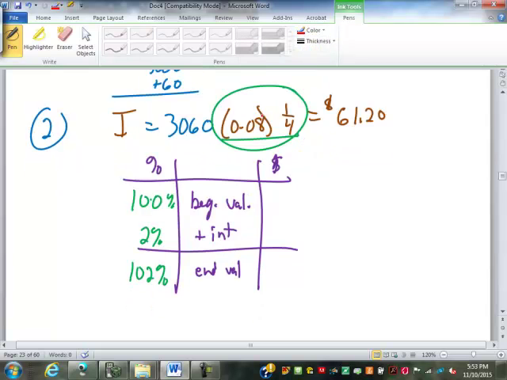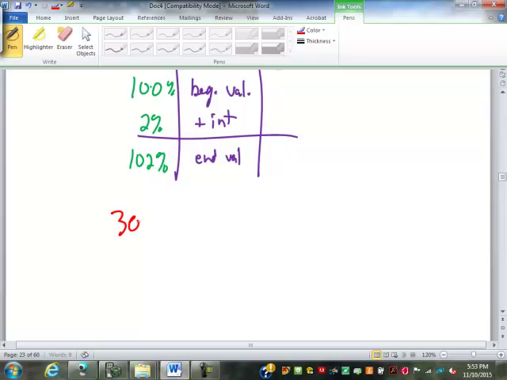So, I could take my $3,000 and multiply by 1.02 for 102%, just making the 102 into a rate. Would give me 3,060. If I multiplied that by 1.02, I'd get $3,121.20, adding my interest on. How many times would I have to multiply that by that to get through 3 years? 12 times again.